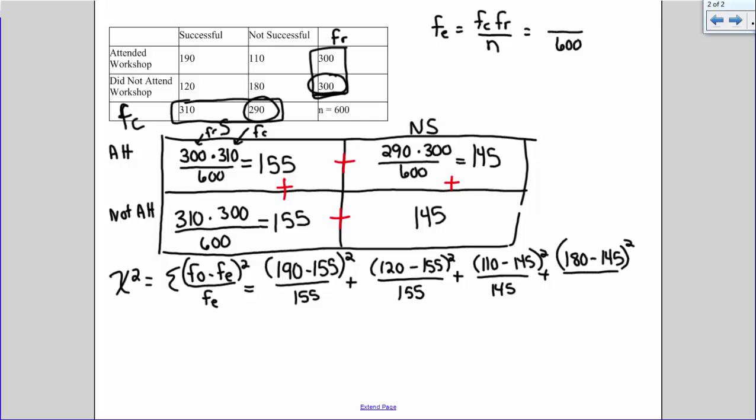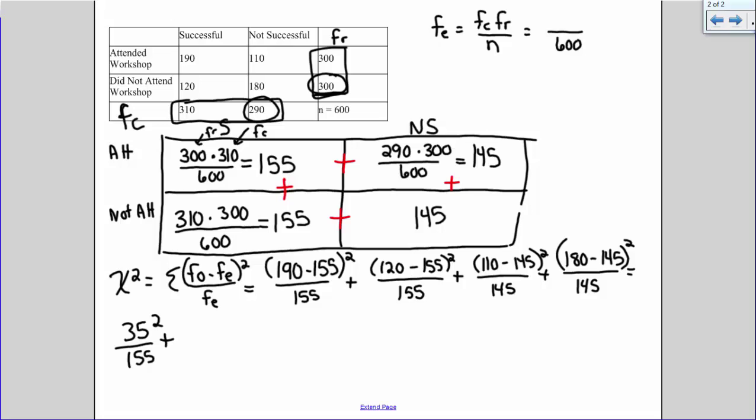Don't forget to do your squaring and all that. All right, so 190 minus 155 gives you 35. Don't forget your square, and then we're going to divide it by 155 eventually. Right now I'm just solving for the parentheses.